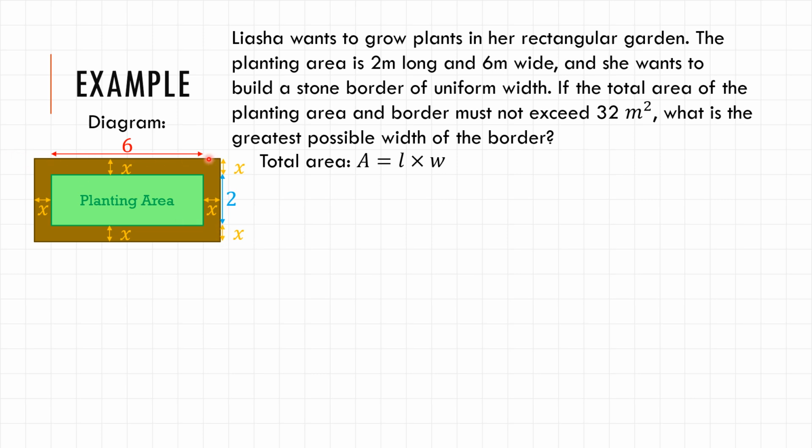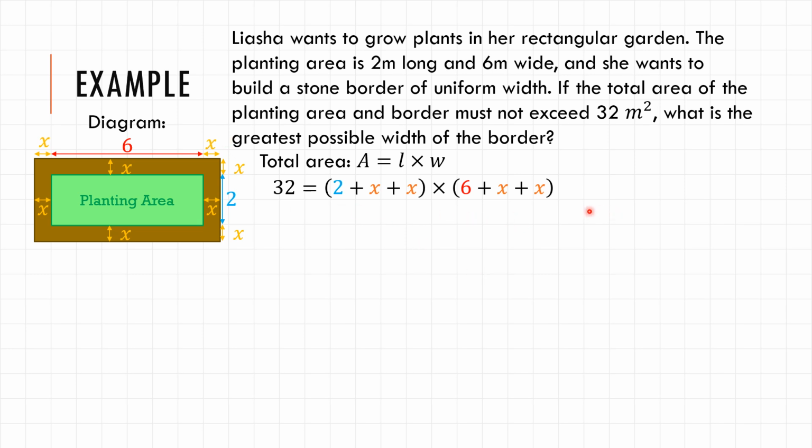And the total width is 6. And what's this distance and this distance here? Well, that's also x. 6 plus x plus x. So let's replace the variables with the values that we know them to be. The area is 32. The length is 2 plus x plus x, and the width is 6 plus x plus x.